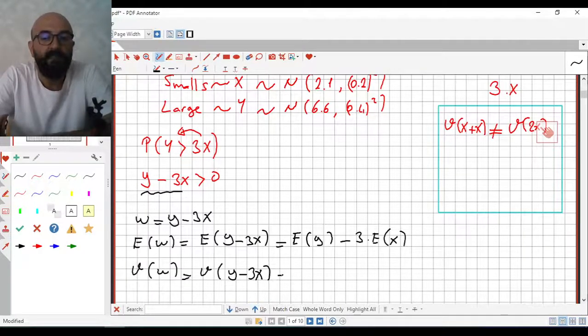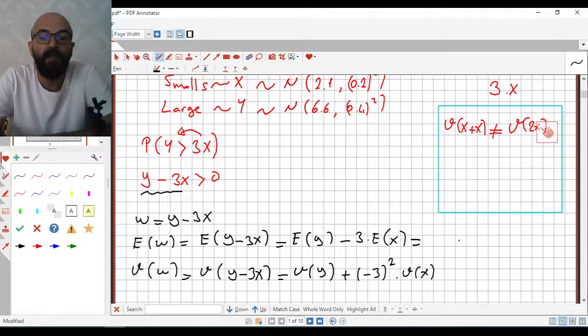But in finding the variance, it is a bit different. As you remember, this equals the variance of y plus negative 3 squared multiplied by the variance of x.